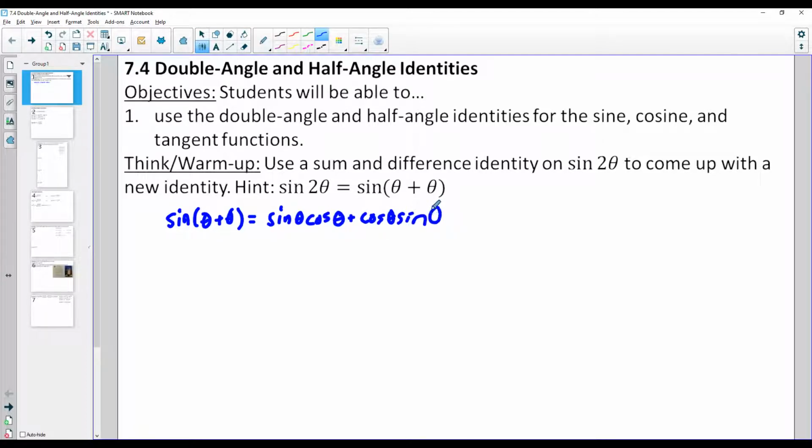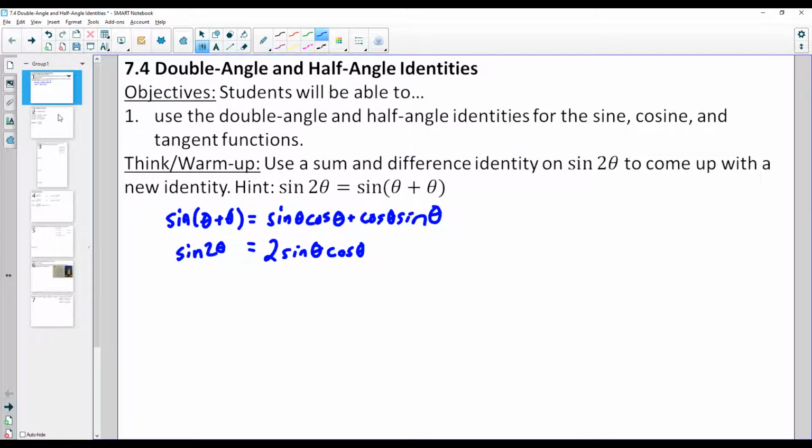But since they're the same angle, this is really just 2 times the sine of theta, cosine of theta, right? Because sine times cosine and cosine times sine are the same thing, and we just have 2 of them. So that's really what we get for sine 2 of theta.